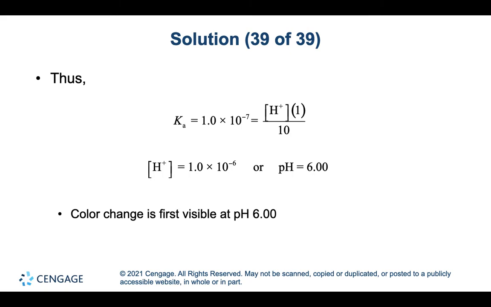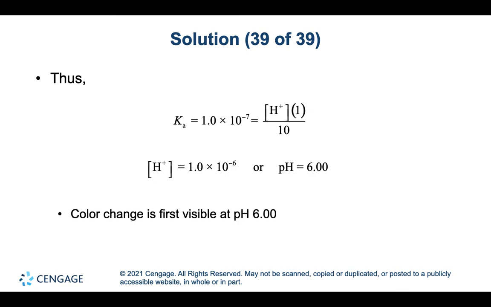So in fact, for an indicator with a Ka of 10 to the minus 7, it means that at pH 7, you're going to have half of the base form and half of the acid form of the indicator. In other words, you're going to see the middle color at 7. You're going to start to see some of the middle color maybe at a pH 1 unit below that, and you're going to be finished, in the case of bromothymol blue, all blue by a pH of 8.